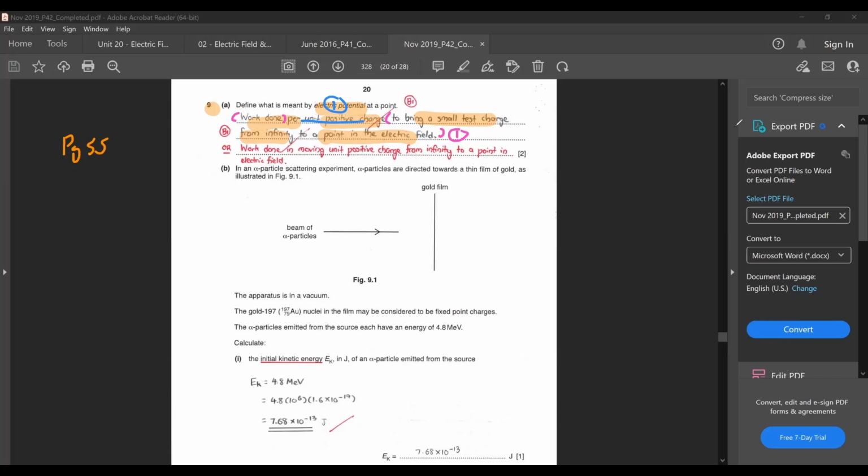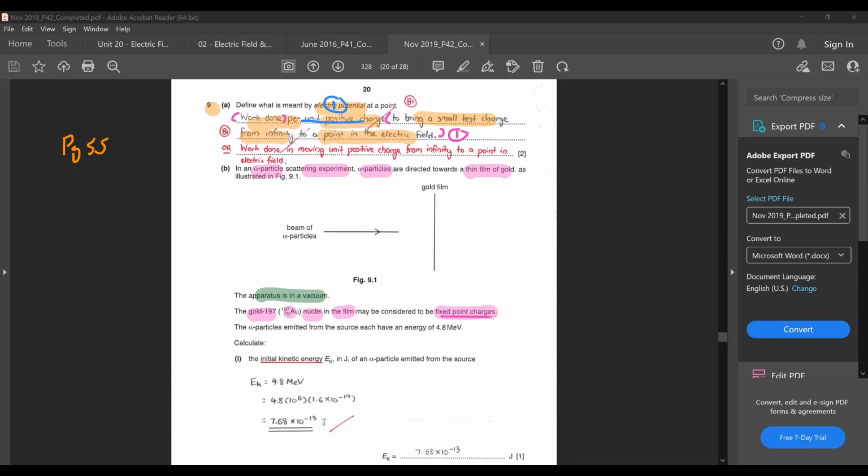Now for part B, in an alpha particle scattering experiment, the alpha particles are directed towards a thin film of gold as illustrated in the figure below. The apparatus is in a vacuum and the gold-197 nuclei in the film may be considered to be fixed point charges.